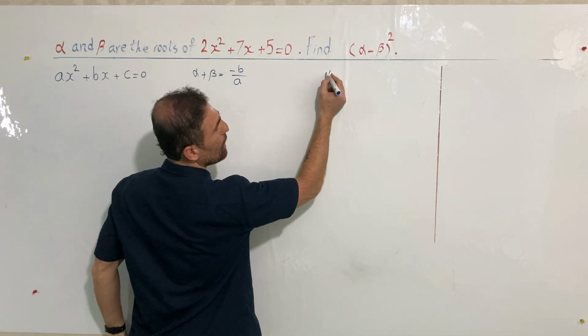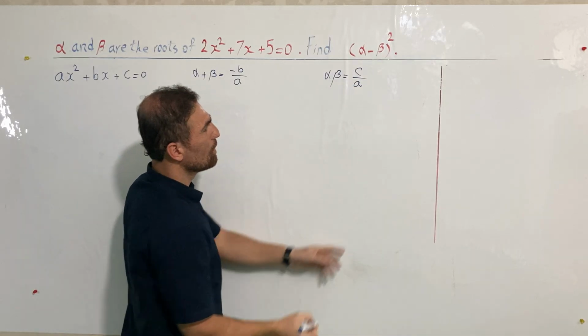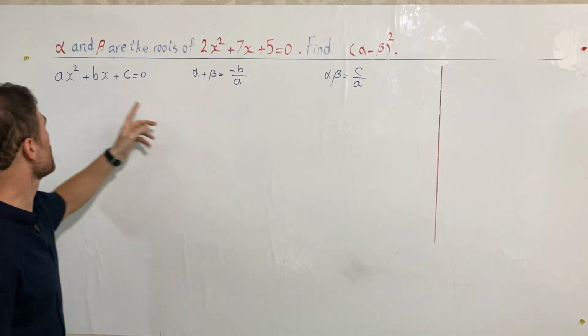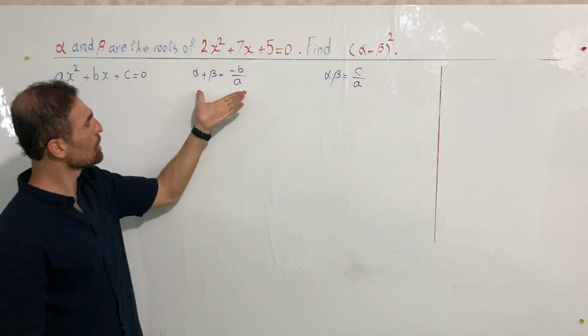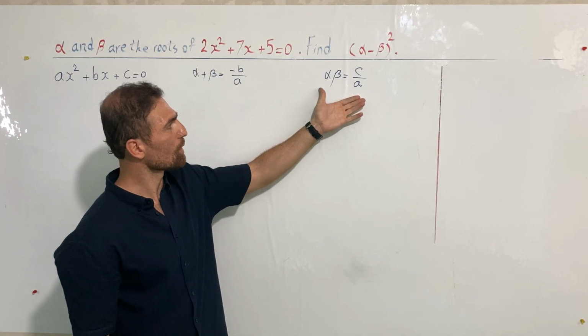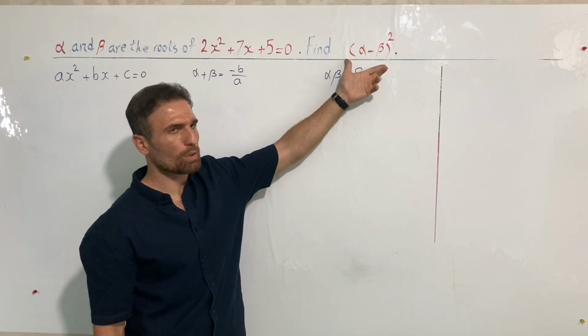Also, alpha times beta is c over a, where c is the constant term and a is the leading coefficient. But how can we use the sum and product of the roots to find the value of alpha minus beta squared? Let me write it.